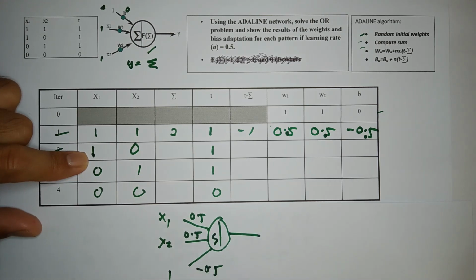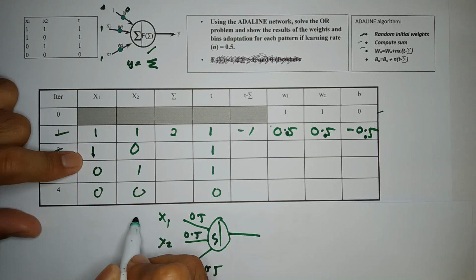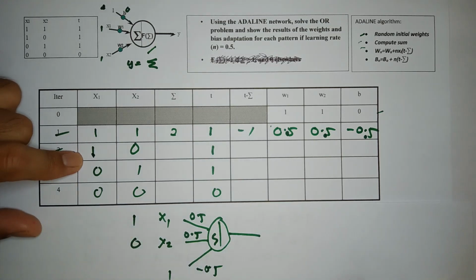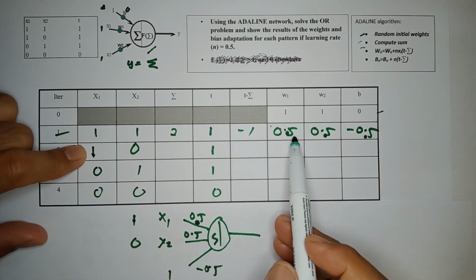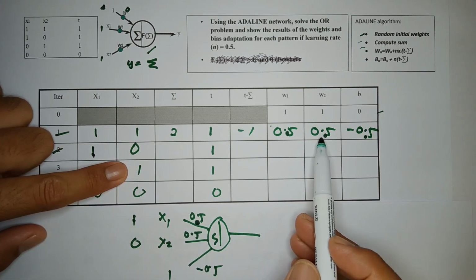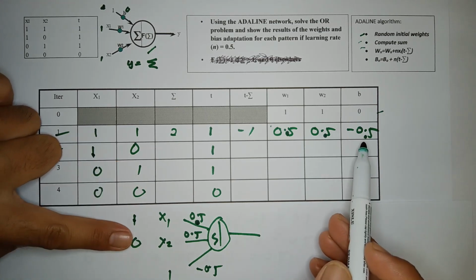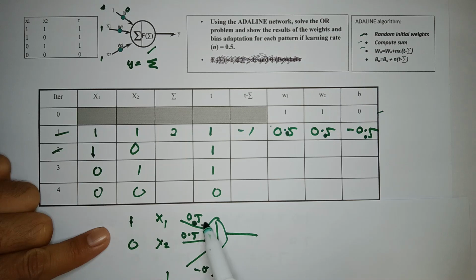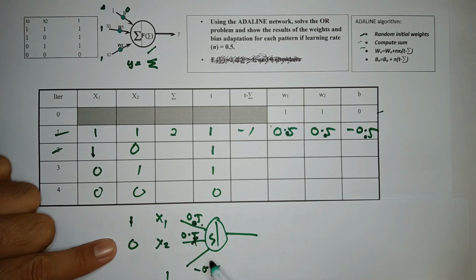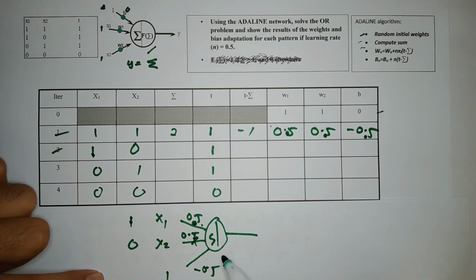Okay, so how do we calculate the summation? If I factor in 1 0, it means 0.5 plus 0 plus -0.5. So that is the way we perform it. This thing will be 0 since you don't have any value, and this is -0.5. So the summation will be 0.5 minus 0.5.